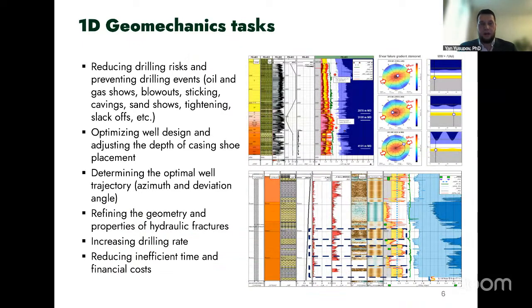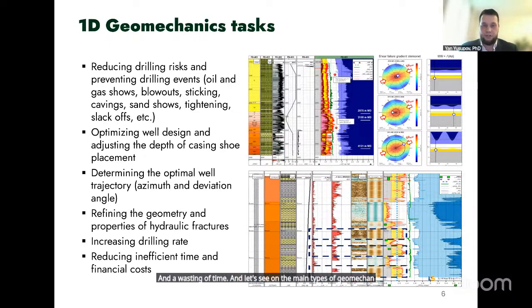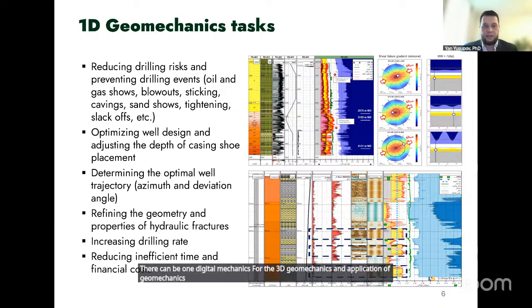And let's look at the main types of geomechanics in the oil and gas industry. There can be 1D, 3D and 4D geomechanics, and the application of geomechanics. Let's start from 1D geomechanics tasks.